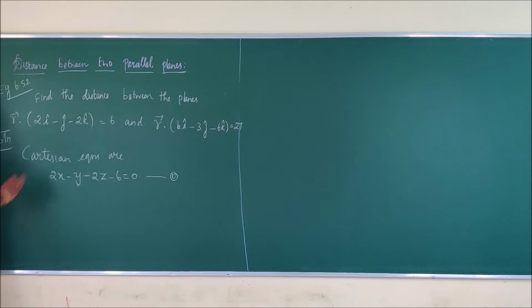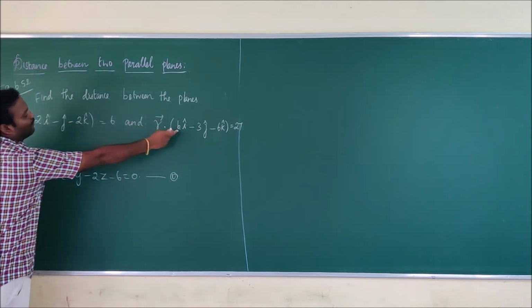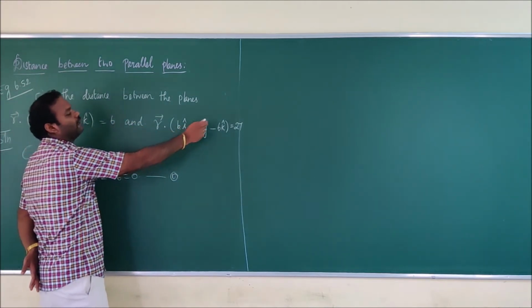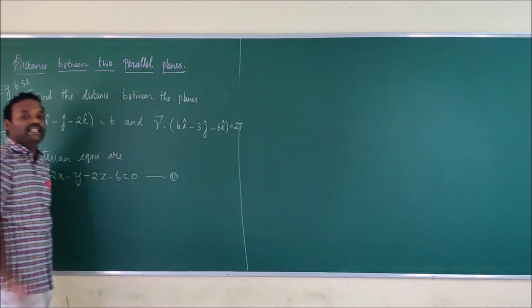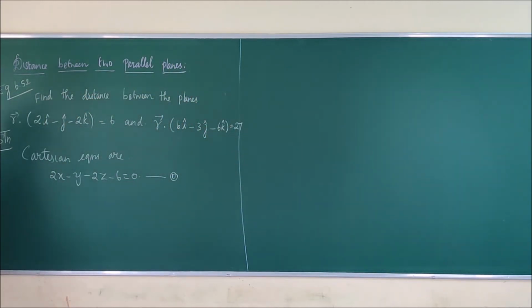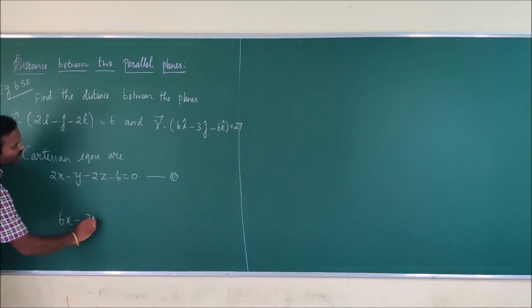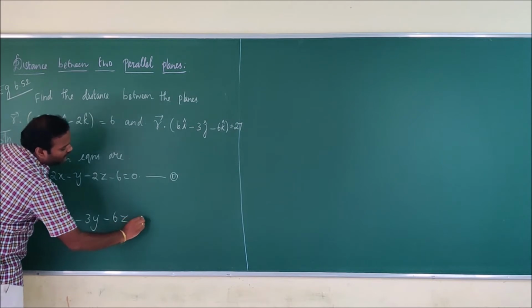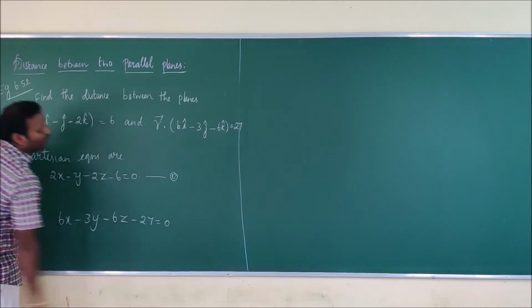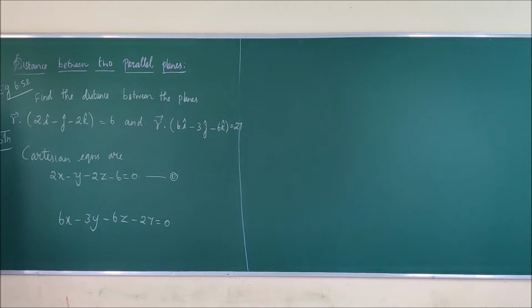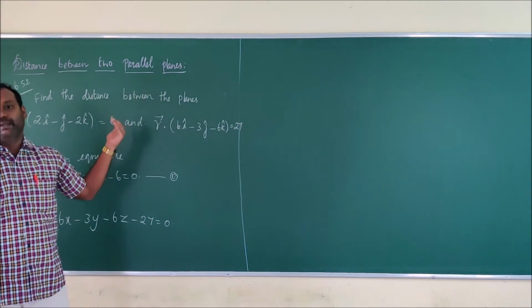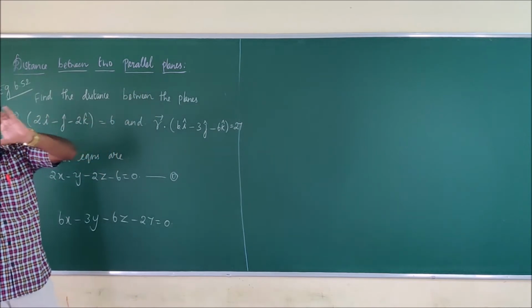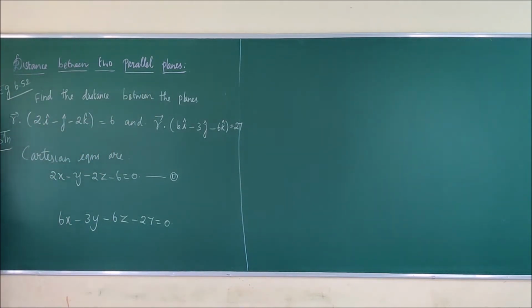Next, the other plane is 6x minus 3y minus 6z minus 27 equal to 0. You have to bring the constant to the left hand side because in the formula I have taken all the values in the left hand side. In the right hand side you will have only 0. For that I have brought it here.